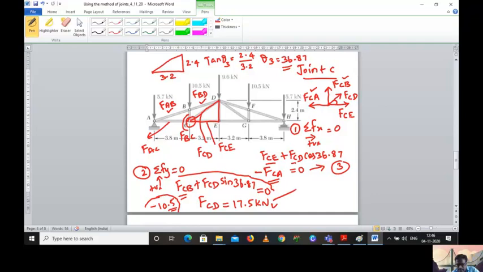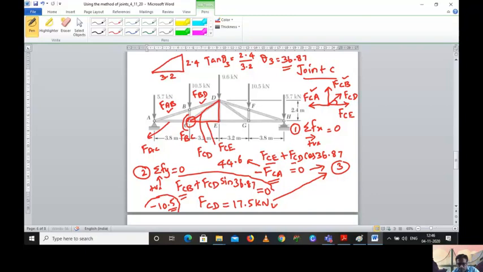Once you substitute this 17.5 here with the FCA value, which we have already calculated, as per our calculation it is 44.6.